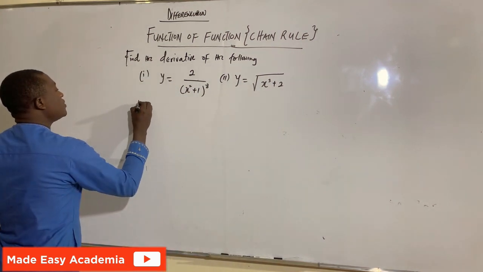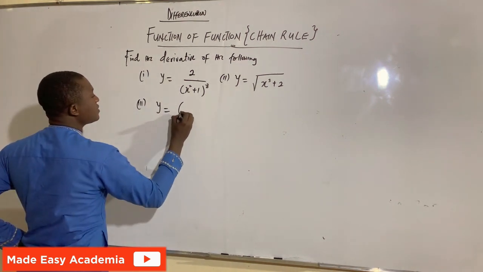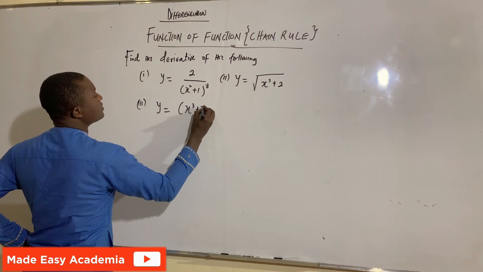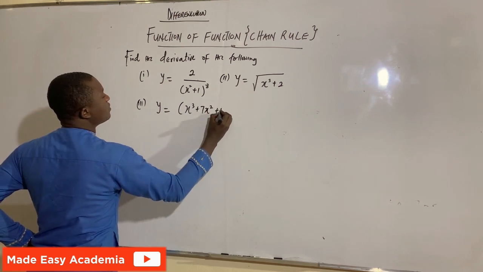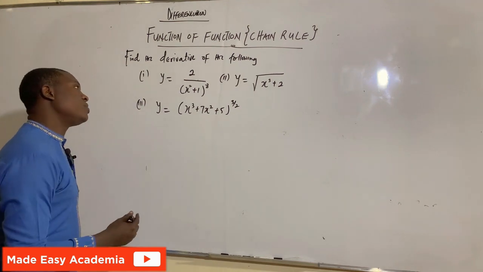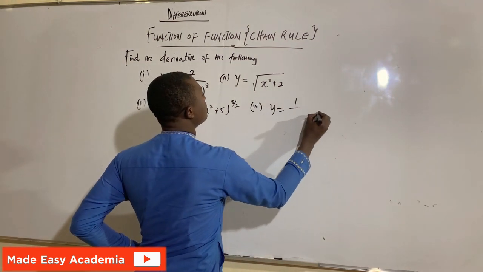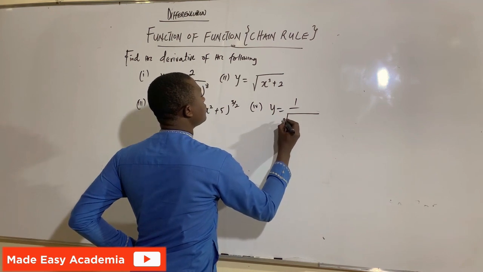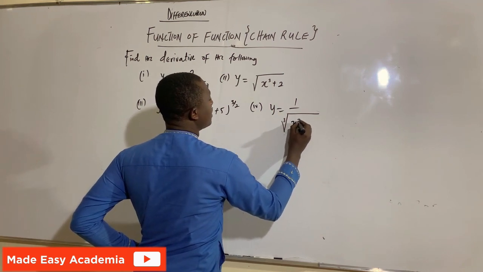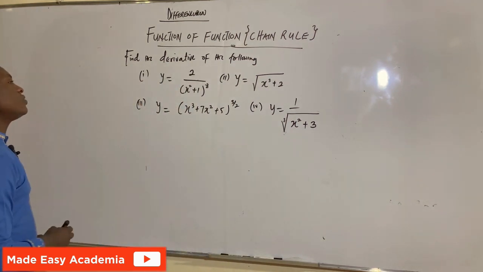The third one, y is equal to x cubed plus 7x squared plus 5 raised to the power of 3 over 2. And let's bring one more: y is equal to 1 over cube root of x squared plus 3. So let's take a look at this one after the other.